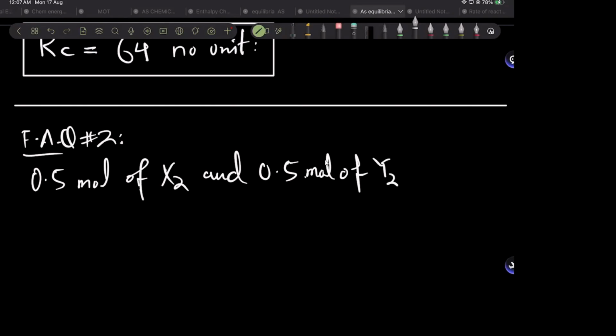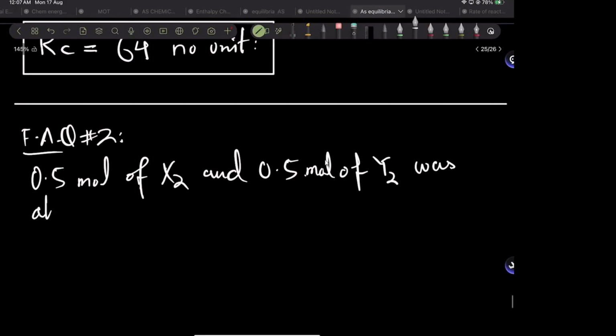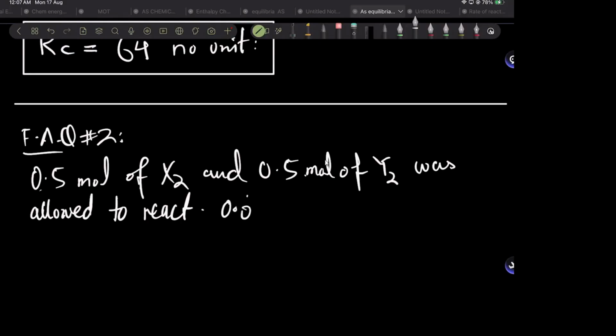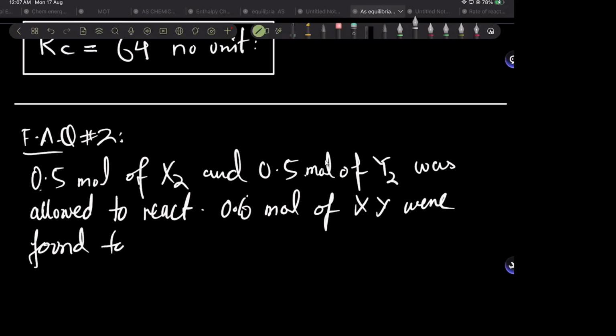These are basically diatomic reactants, was allowed to react, and 0.6 moles of XY were found to be present at equilibrium.